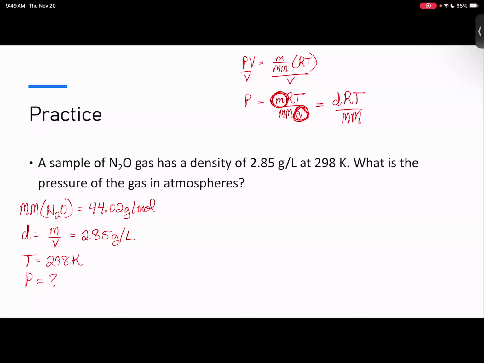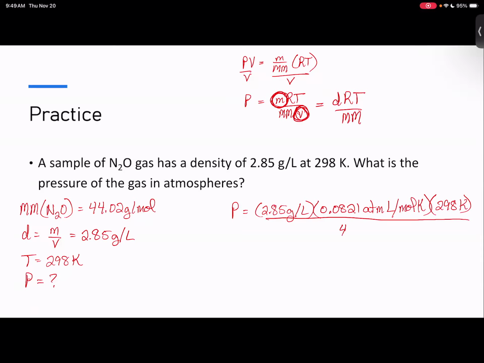So plugging this in, pressure is equal to the density, which is 2.85 grams per liter, times R, which is 0.0821 atmosphere liters per mole Kelvin, times the temperature in Kelvin, which was 298 Kelvin, all divided by the molar mass of the gas, which was 44.02 grams per mole.